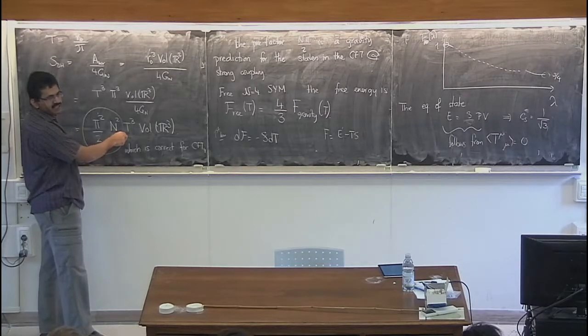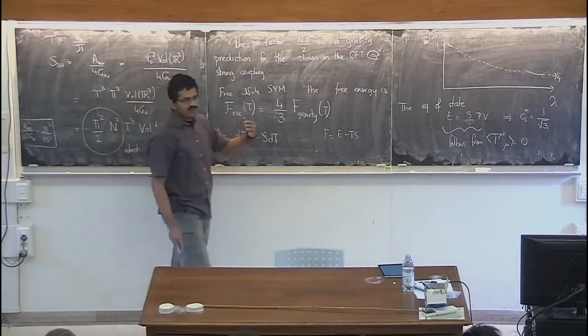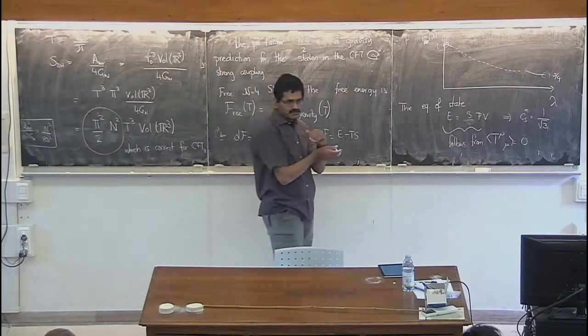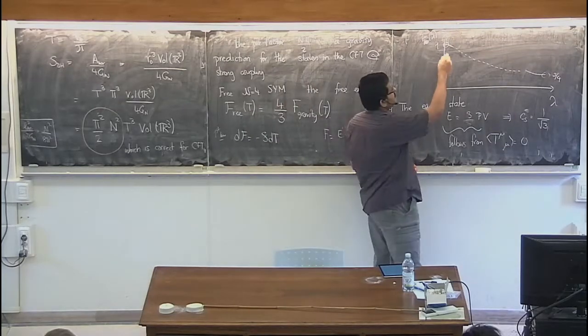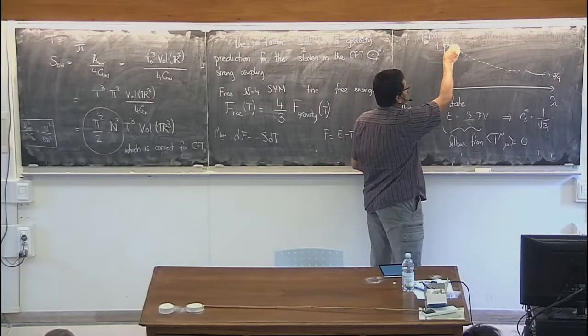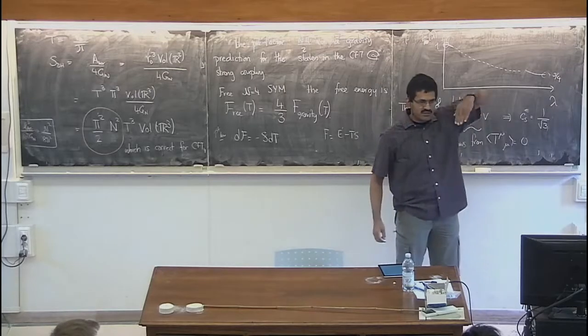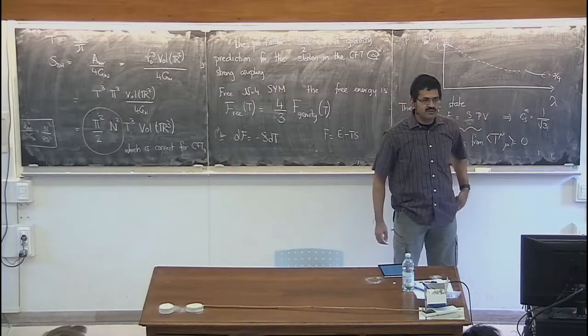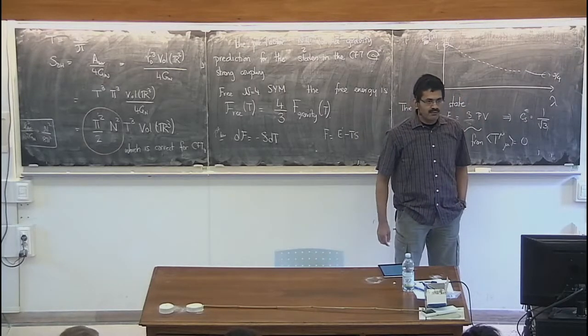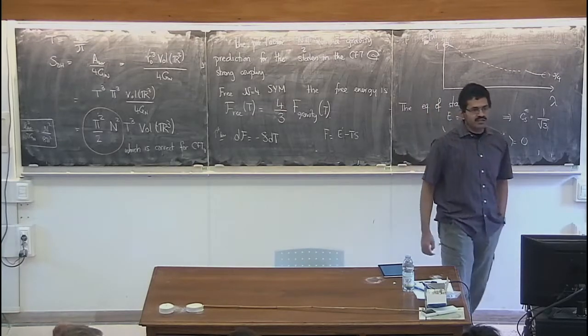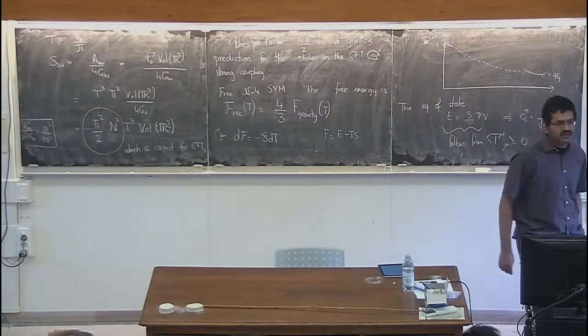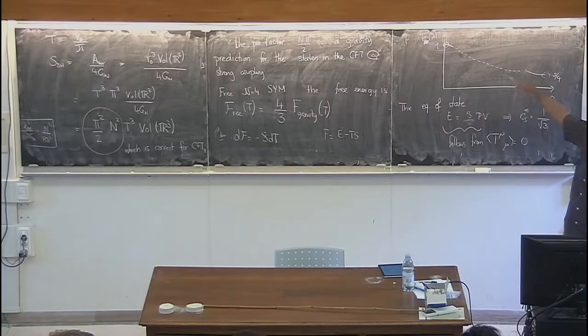T cubed is guaranteed by conformal symmetry. You have to work out what the coefficient is. So there's some coefficient which is now a function of lambda. And what you see in perturbation theory is that the coefficient is negative. It decreases from 0. But this is the leading order perturbation theory calculation, so it's just telling you that the gradient away from the free theory is in the direction of decreasing the free energy. Okay.